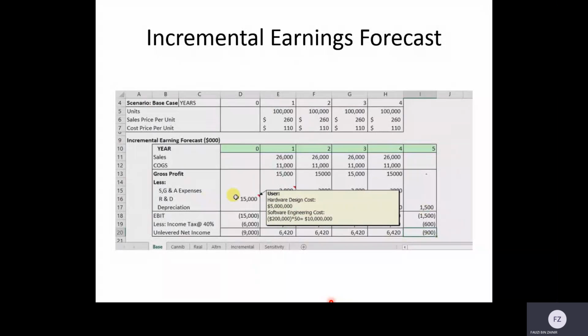As far as year 0, we also have to include the R&D costs, because as far as the expenses are concerned, we are involved in the hardware costs of designing the whole package, and it costs around $5 million.